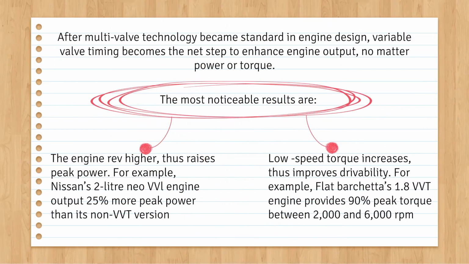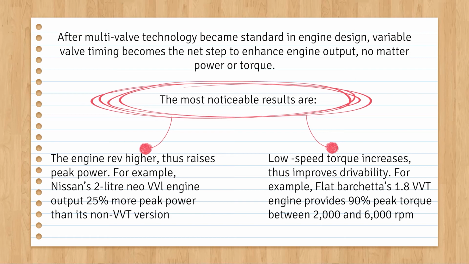After multi-valve technology became standard in engine design, variable valve timing became the next step to enhance engine output, no matter power or torque. The most noticeable result is that the engine revs higher, thus raising peak power.